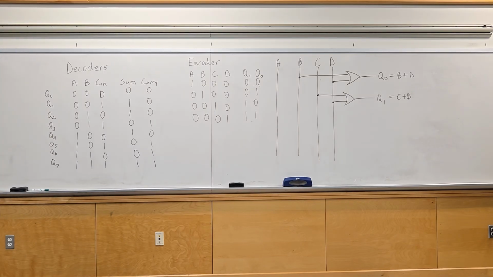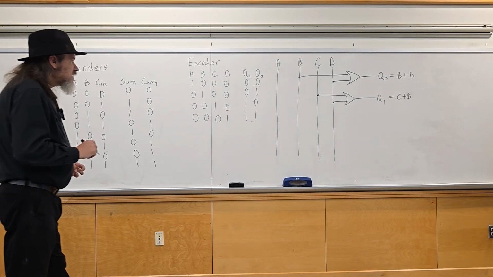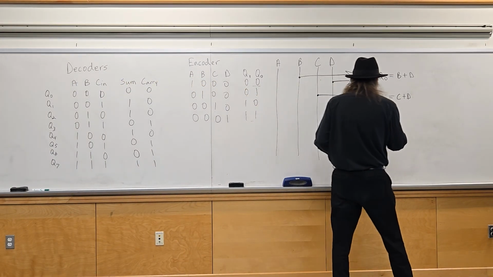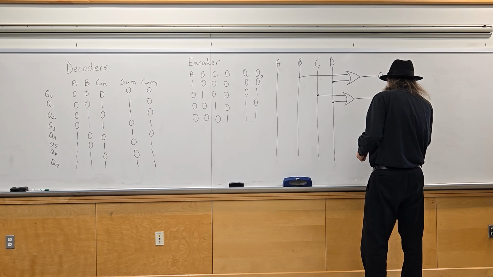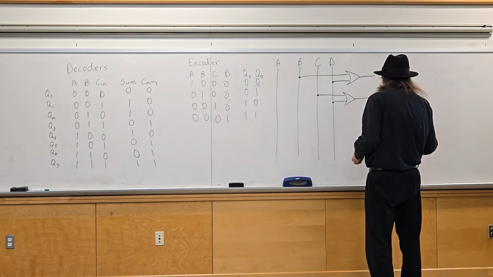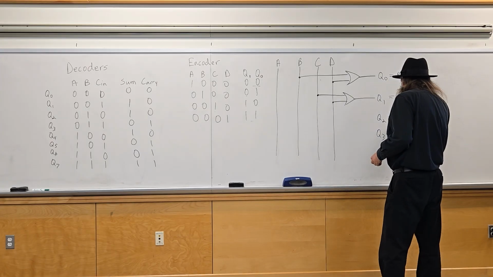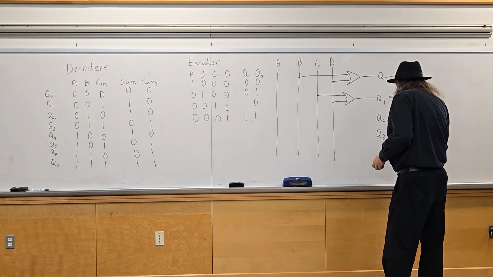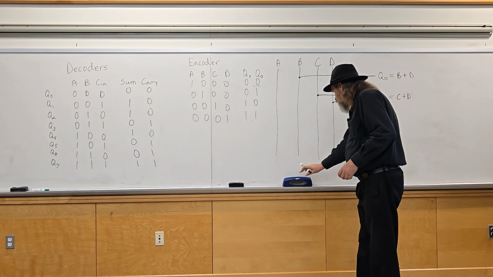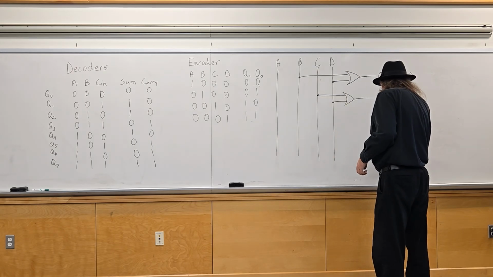Let's see here. For 3 outputs, so you have Q2 and Q3. Let's just do 3 outputs.